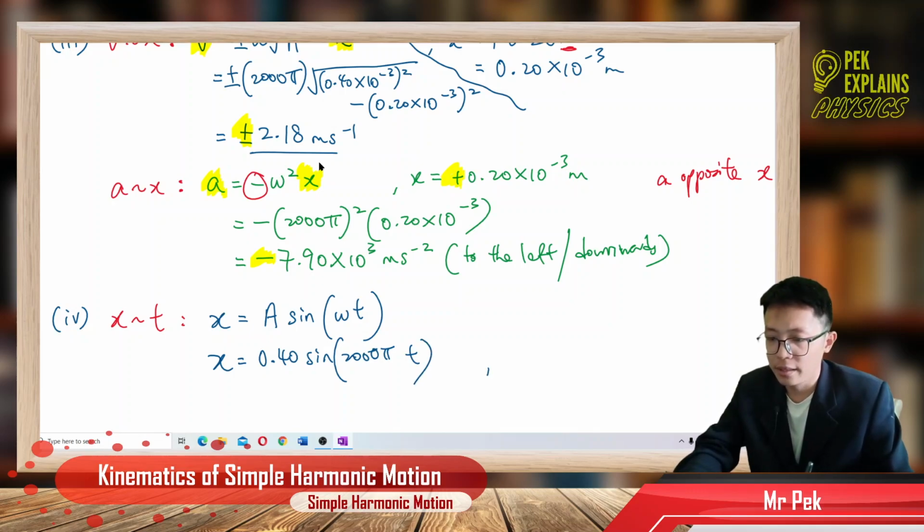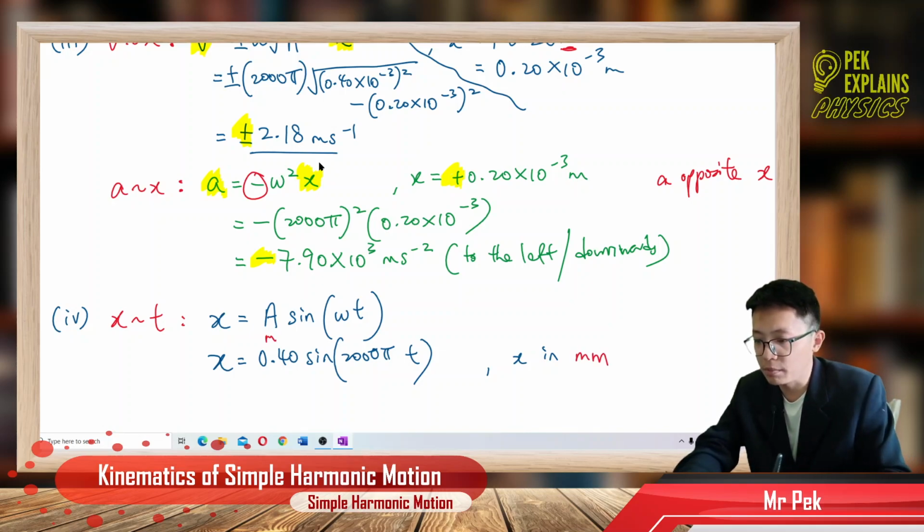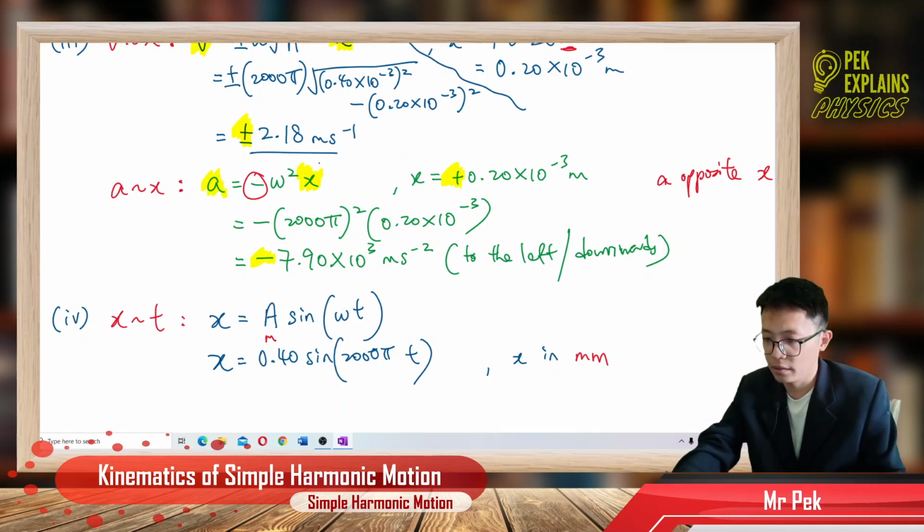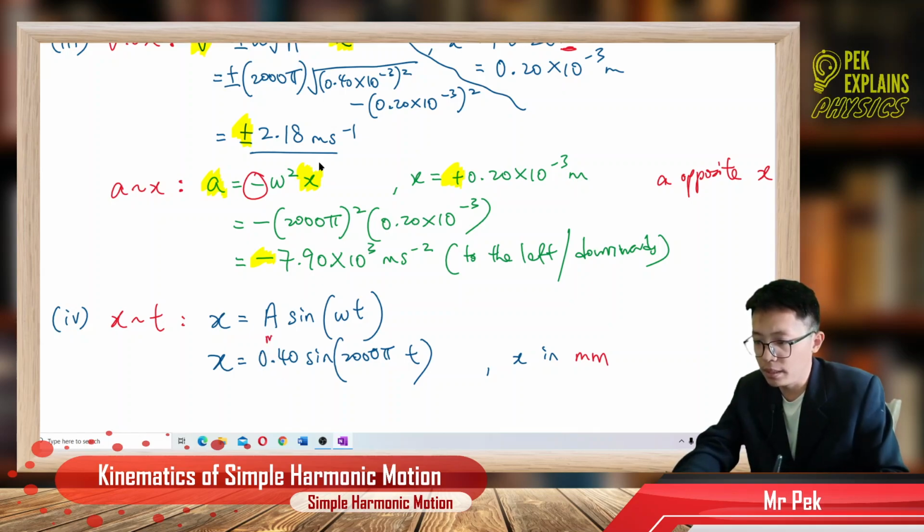Now you must write x in millimeter. Why? Because our amplitude is in millimeter, so our displacement is also in millimeter.